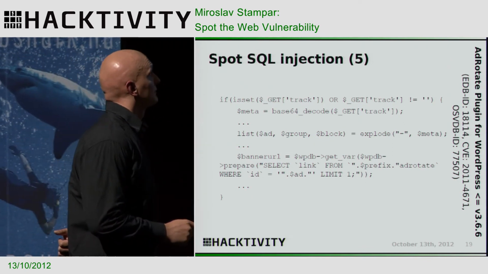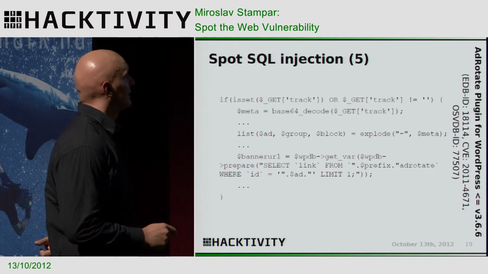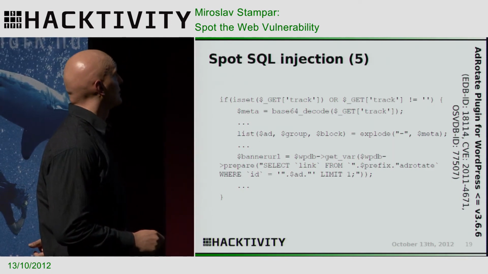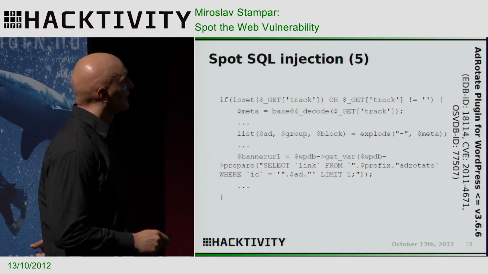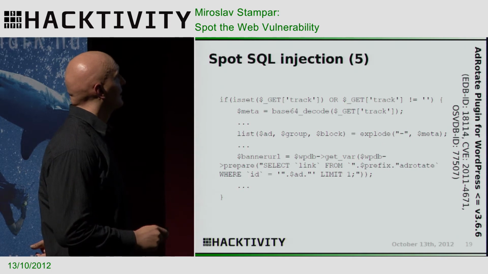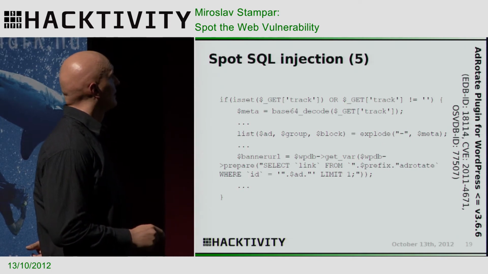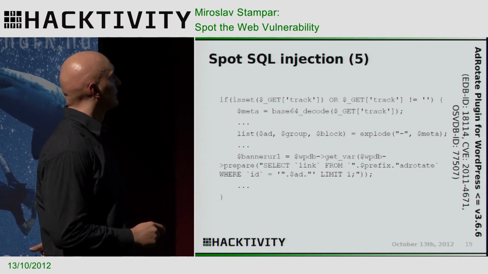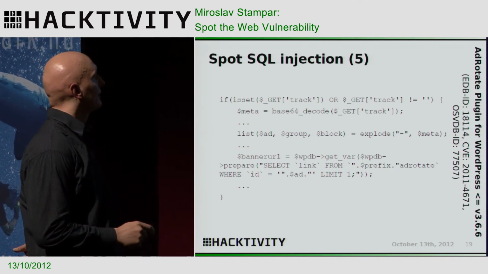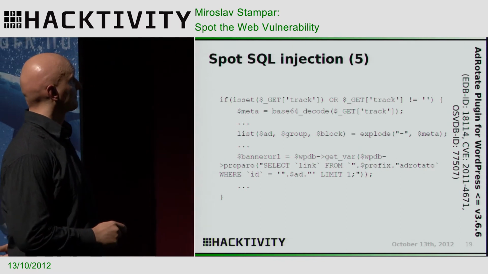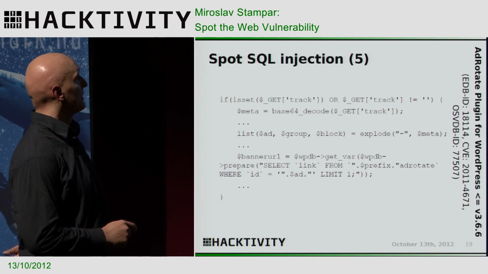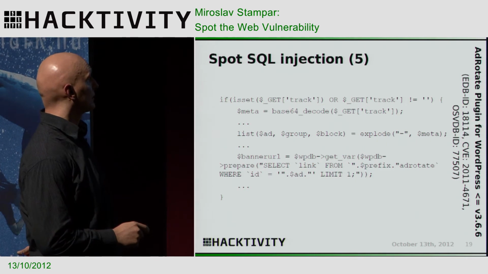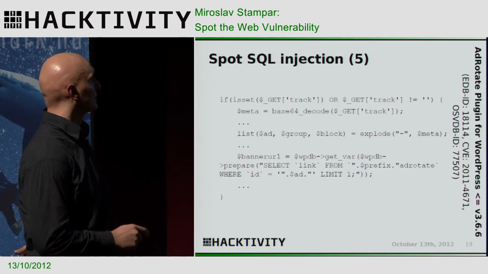This is one of also obscure cases. This was fine by me. At first look, it appeared to be unexploitable. So the web application developer used some base64 encoding of the GET parameter value track.